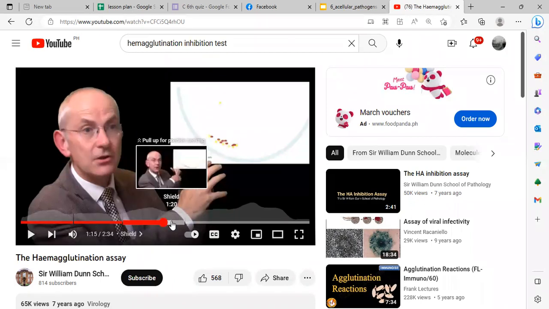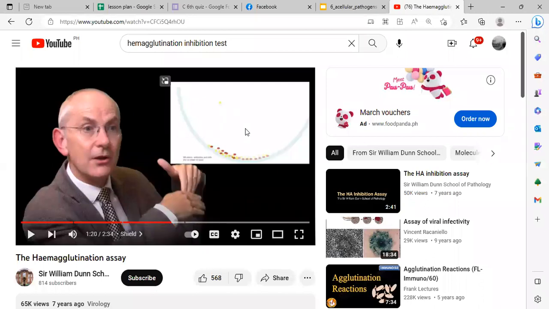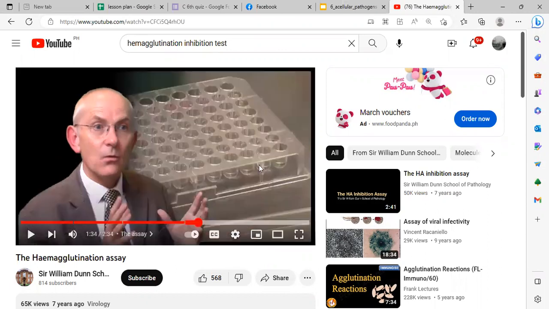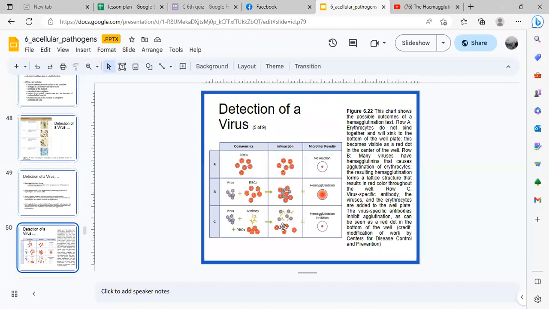That is what forms the lattice. When you have antibodies specific to your virus, what happens is a red spot forms in the middle of the well. So if the antibodies are specific to the virus, you will also form that red spot in the middle of the well. Okay? So that is what you do here in the lab.